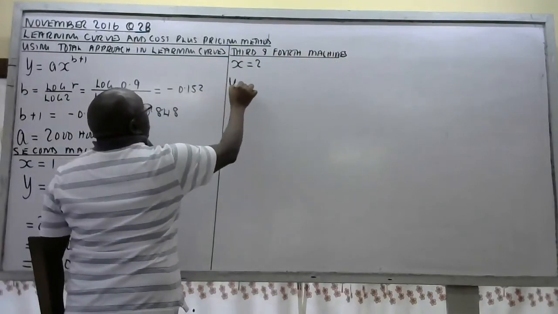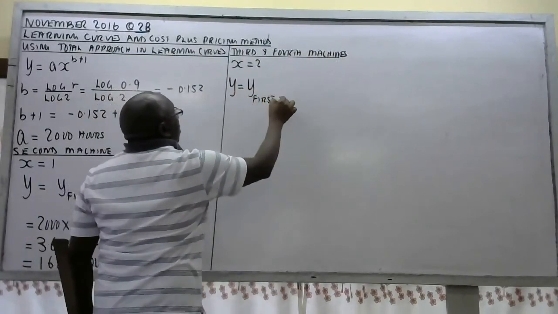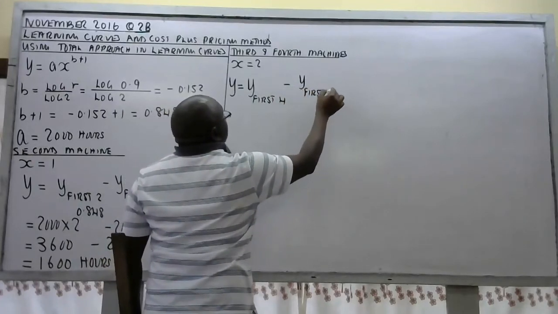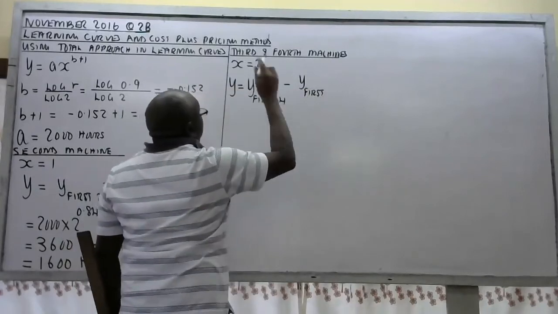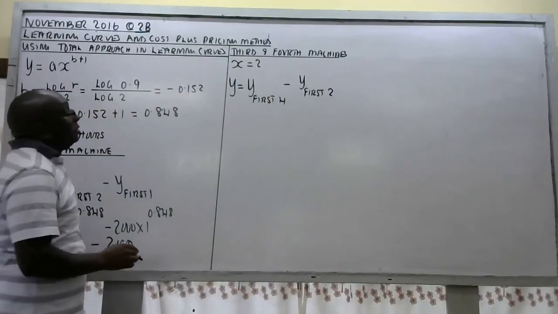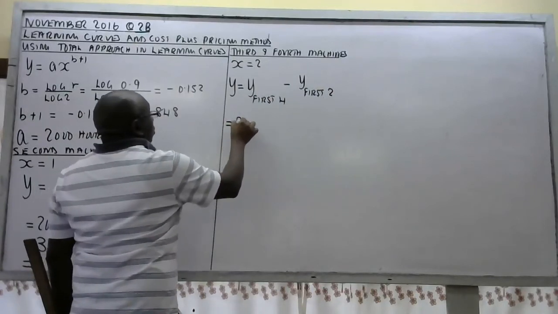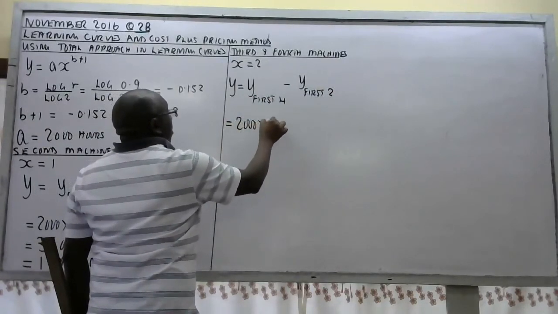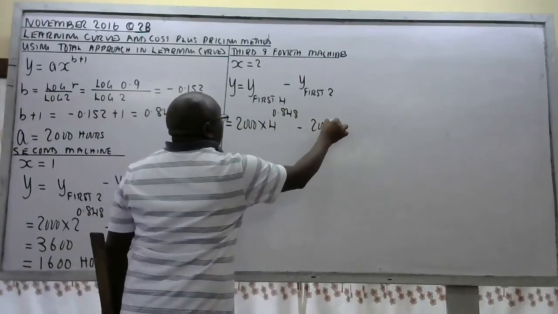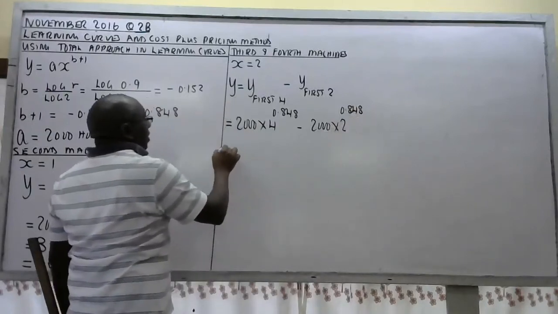So the Y will be Y for the first 4 minus Y for the first 2. So this one becomes 2,000 times 4 raised to power 0.848 minus 2,000 times 2 raised to power 0.848.